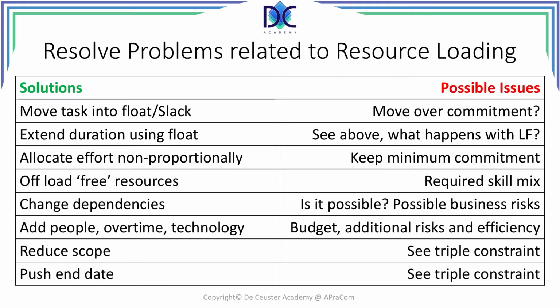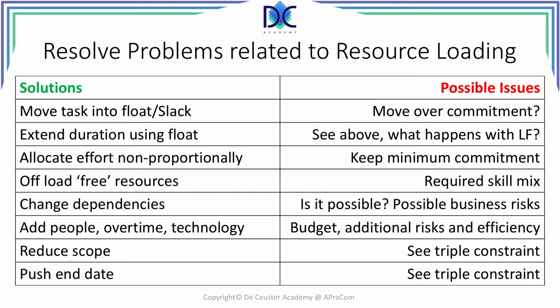We can allocate effort non-proportionally, but we have to keep a minimum commitment. We can offload free resources, but only when they have the required skill mix.